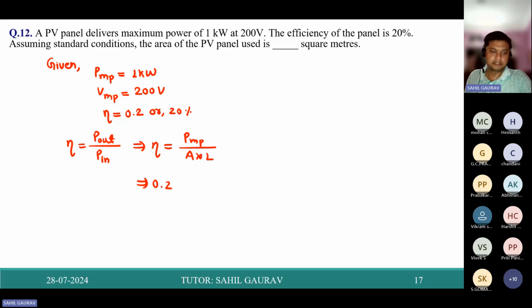Substitute all these values: 0.2, PMP is 1000 watt. We have to find the area, and it is given that you have to assume standard conditions. So standard insolation is given as 1000 watt per meter square.